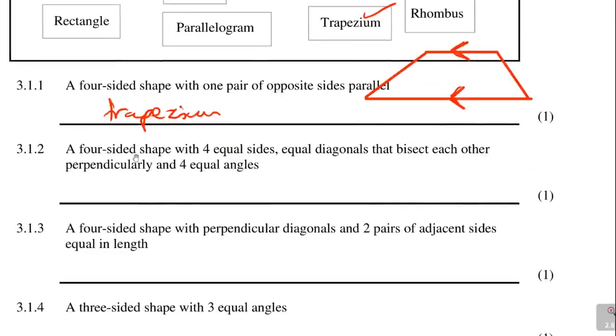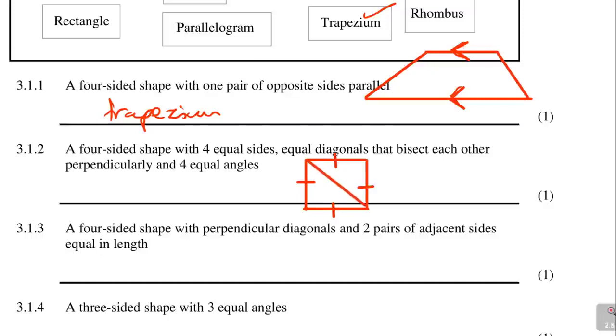Next one, a 4-sided shape with 4 equal sides, equal diagonals that bisect each other perpendicularly, and 4 right angles. Guys, this one looks definitely like you are talking about a square. Look at it. There is something special with the square. These are the diagonals. They are saying a 4-sided shape with equal sides. So this side is equal to this side, equal to this, equal to this.